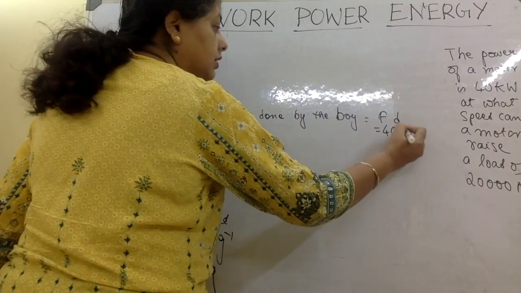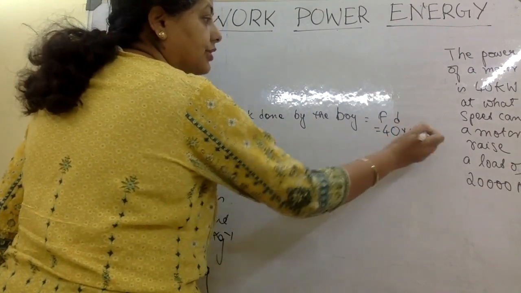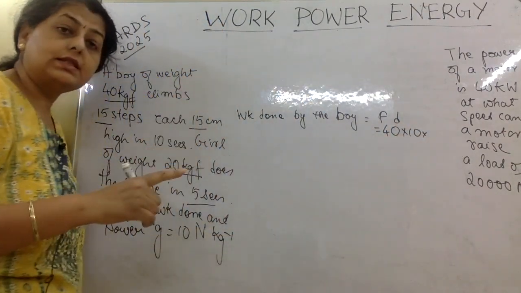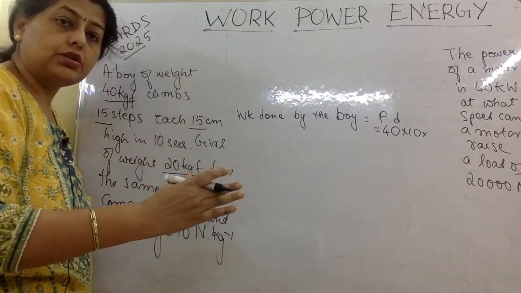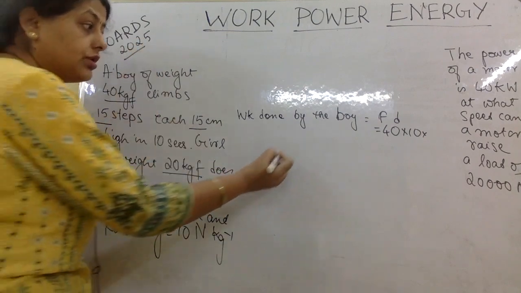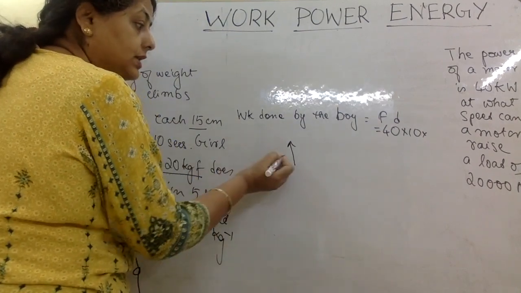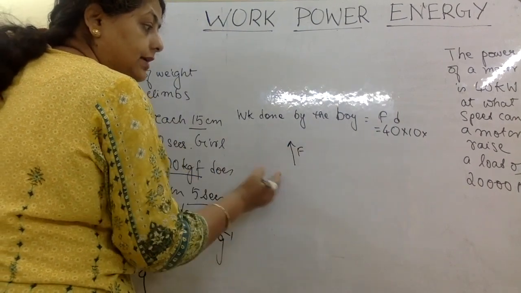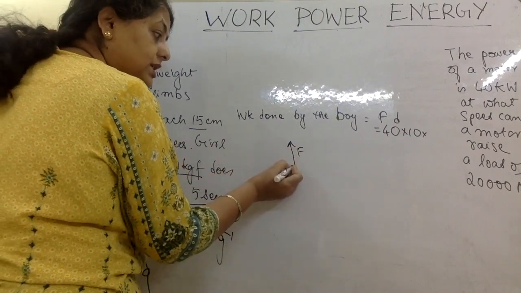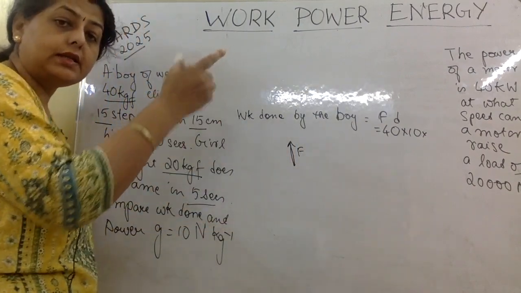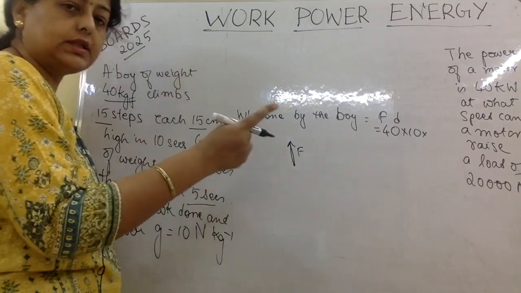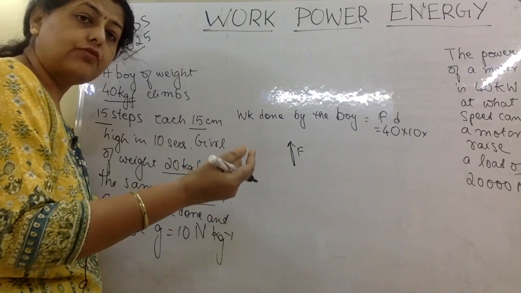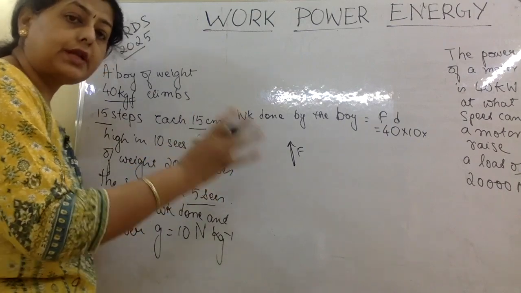So now it becomes Newton into how much distance he goes up. This time the movement is vertical, not horizontal. The boy is pulling himself up, and the force and the displacement are along the same line, so no problem, we can multiply force with displacement because they work in the same direction.